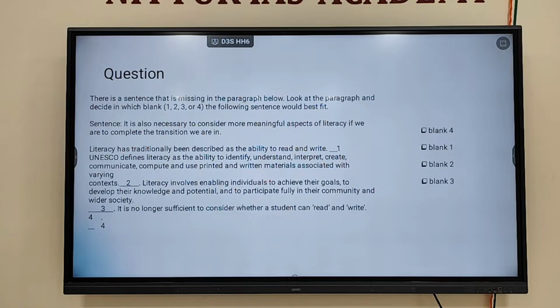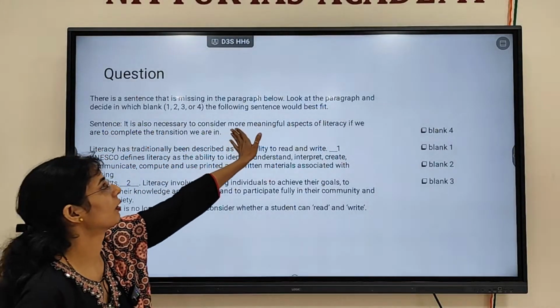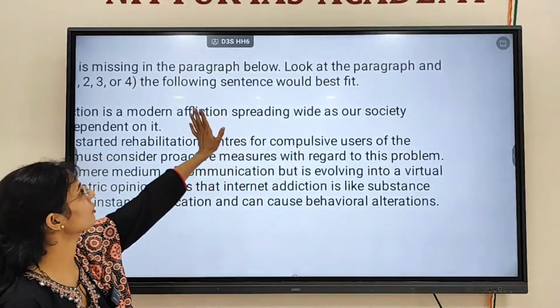We will not be able to, because the way we have understood sentence structure or paragraph formation is that there should be an opening sentence which should define the topic. The first one has to explain something about it, then the body, and then the closing. And in this also, we should try and find out what fits best as a second, in continuation to the first sentence.